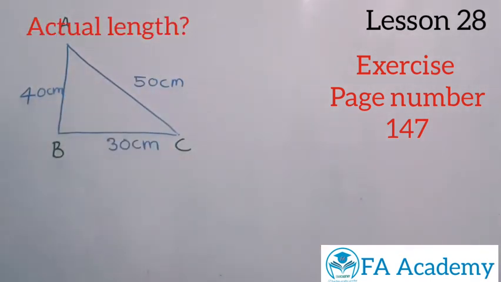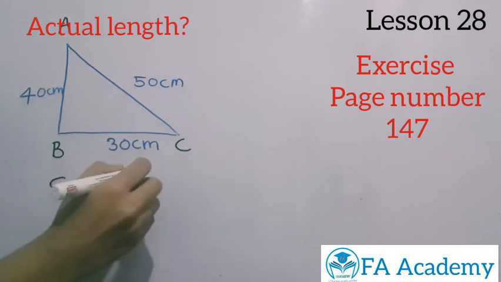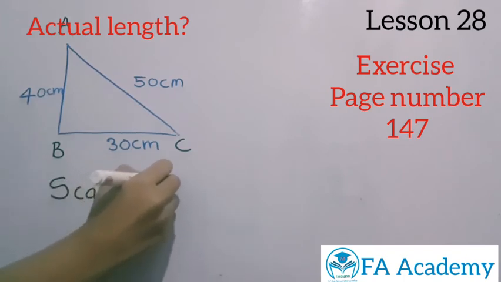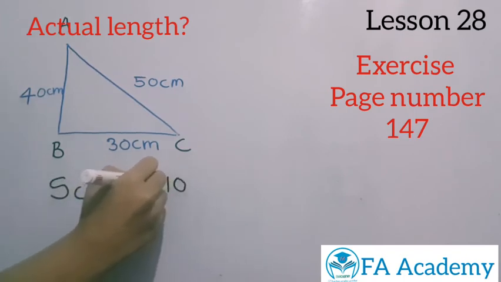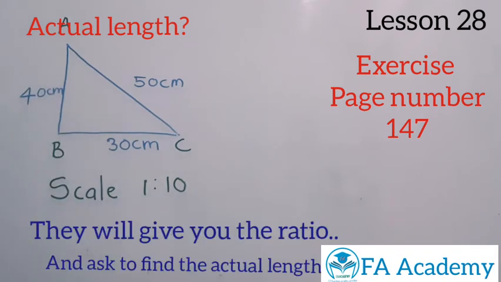Understood? So they will give you the scale here. When they give you the scale only you can find. So definitely they will give you the 1 to 10 ratio or 1 to 100 ratio. Likewise they can give. So here, the scale they have given is the 1 to 10 ratio. I told you when they have given the scale both in the same units, we are not writing the unit here.